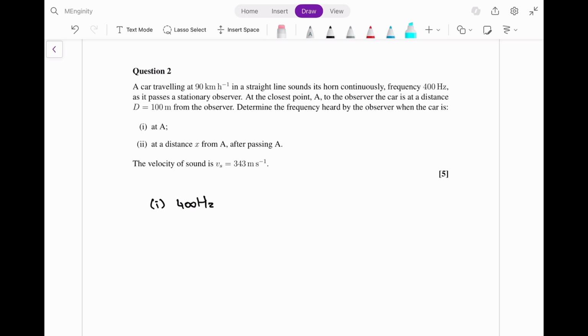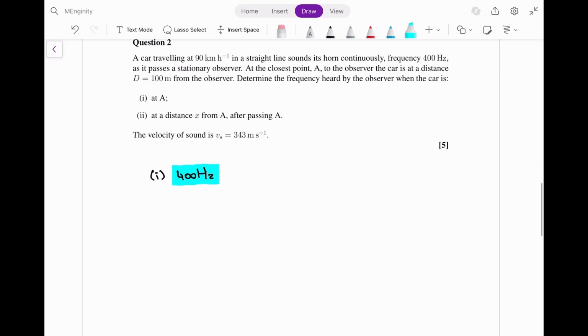This is because there's no movement towards the stationary observer, so therefore the frequency must be conserved. Now let's see the second part. It says at a distance x, so in this case the question would like us to derive a formula.